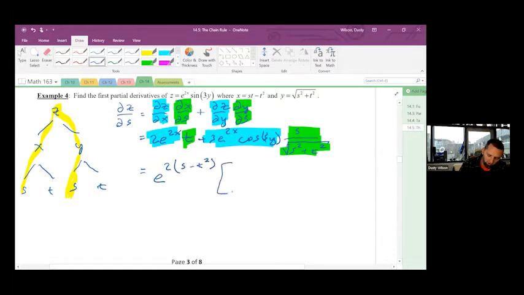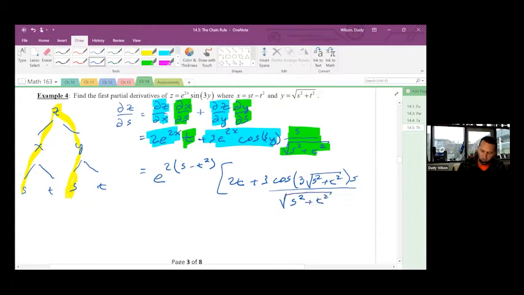And then what's left behind is 2t plus 3 cosine of 3 root s squared plus t squared, times s, all divided by square root of s squared plus t squared.